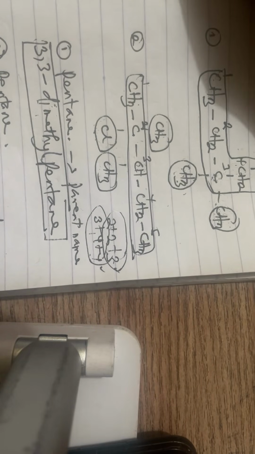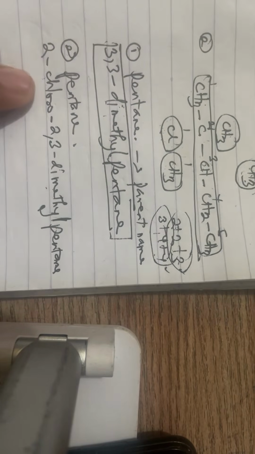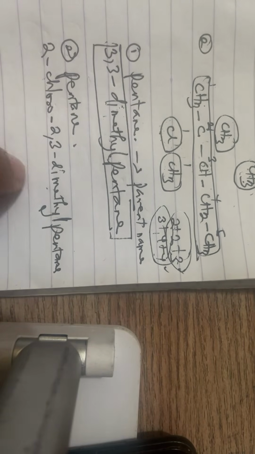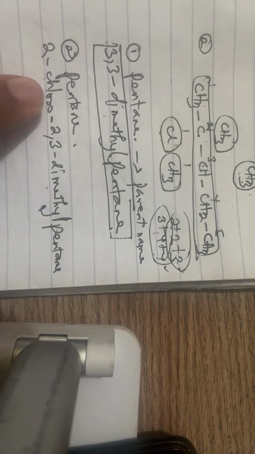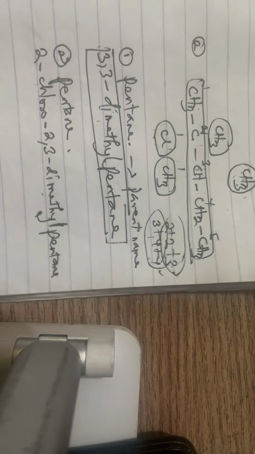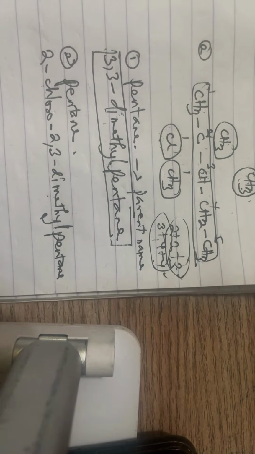Then when you're naming, the one that comes first alphabetically, C comes before M. That's why I'm putting 2-chloro. Chlorine is at carbon 2. So that's why I say 2-chloro-2,3-dimethylpentane.